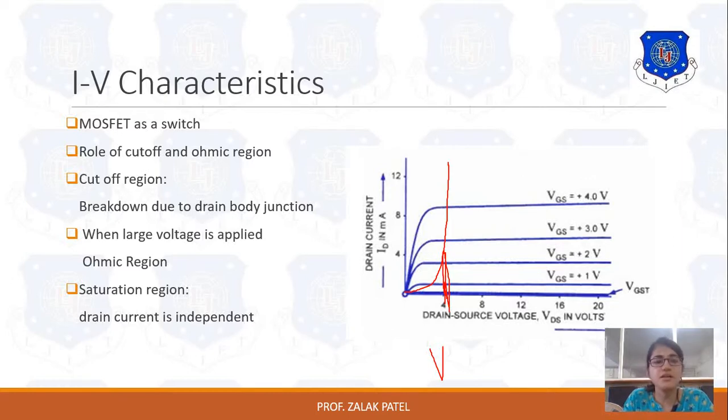Okay, so these are the IV characteristics of power MOSFET. It can be operated in the cut-off region or turn-off state, in the ohmic region or turn-on state, and in the saturation region, where the drain current is independent of VDS.